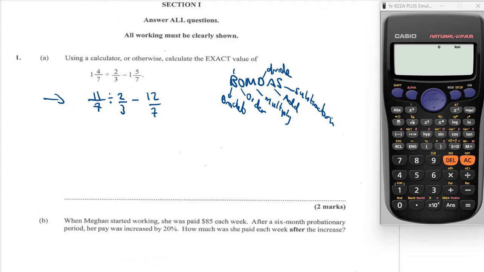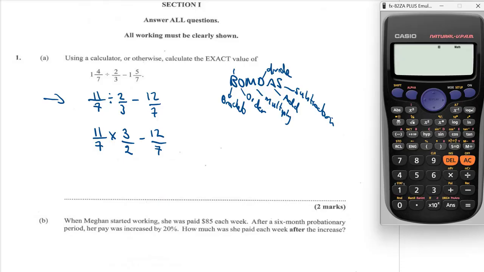So again, remember, when we are dividing by a fraction, it's the same thing as multiplying by the reciprocal. So this is going to be 11 over 7 times 3 over 2 minus 12 over 7. So now we can go ahead and put in our calculator the multiplication part, because we have to multiply before we subtract.